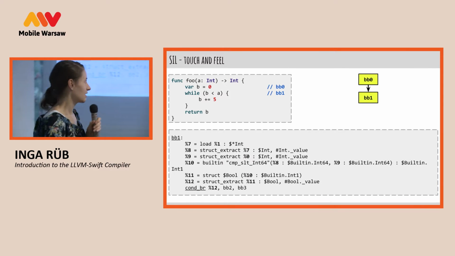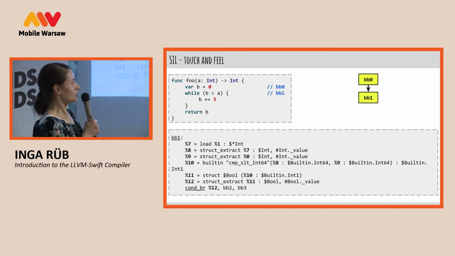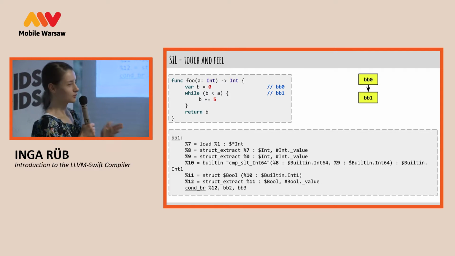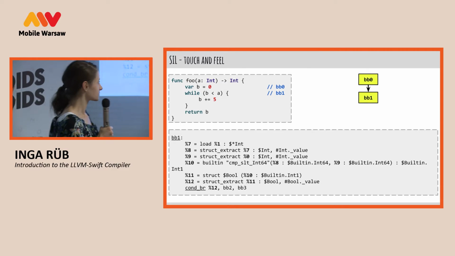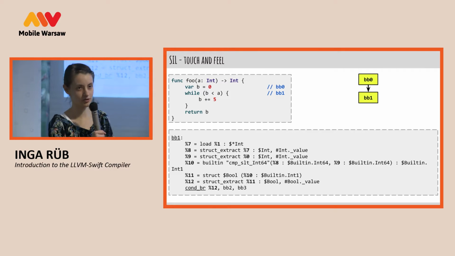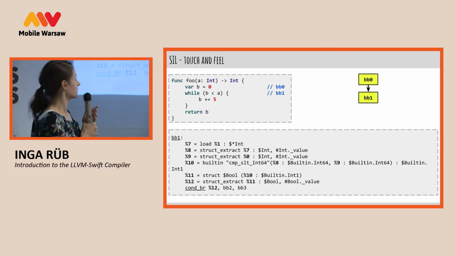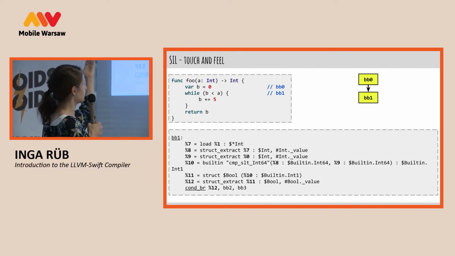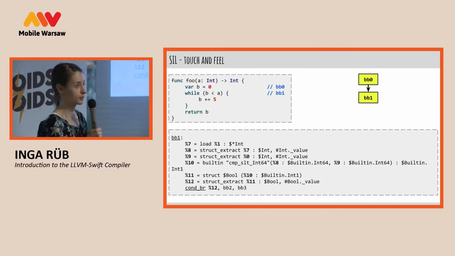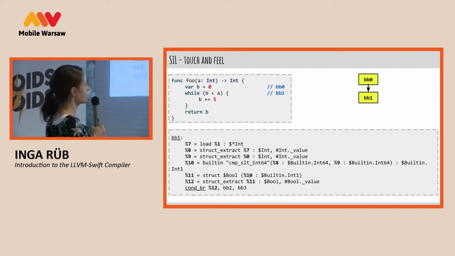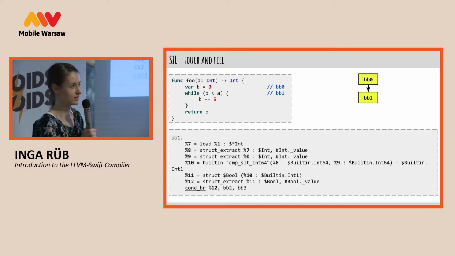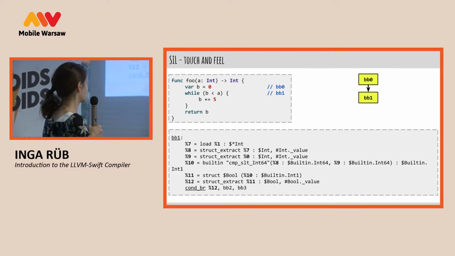Okay, so I also put it on our control flow graph to the right, so that we can see what the program looks like in terms of control flow graph. And the basic block number 1 is the header of our loop. So it should compare two integers and then check if the first one is less than the second one.